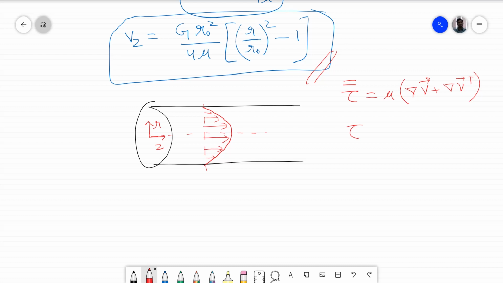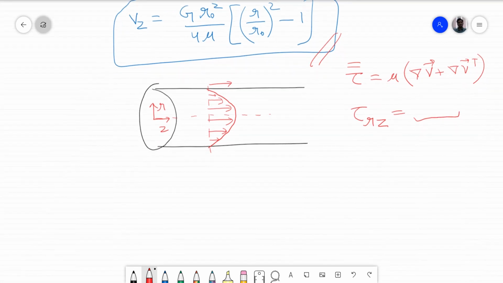If you see, the flow is in z direction, so the force is in the z direction. And what is the surface normal? It is r. So the first subscript is r. The second subscript is the direction of force, which is z. So you have to find tau rz. That is the only surviving component of the stress tensor. You can write it. This is your assignment number 2. Find out tau rz from here. This is the first problem.